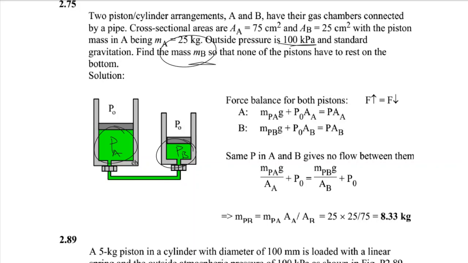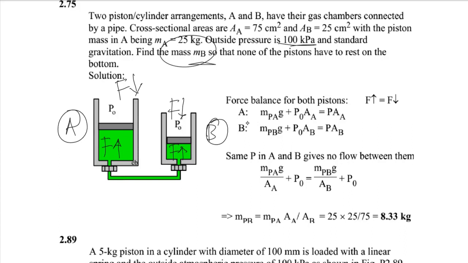So finding out the pressure or the forces acting on the outside of cylinder A and from the bottom of cylinder A, and finding out the forces acting from the top of B and the forces at the bottom of B. For cylinder A, we would have the mass of piston A times standard gravitation, plus the pressure force acting from the top, and the pressure force from inside the cylinder.